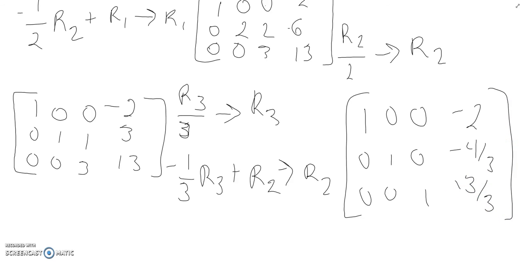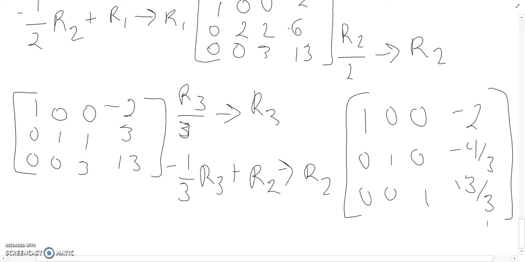Using our conditions above, we see that this is in reduced echelon form. We have leading entries of 1, 1, and 1, there are no other non-zero entries in the columns where we have our leading entries, and all our conditions have been met.